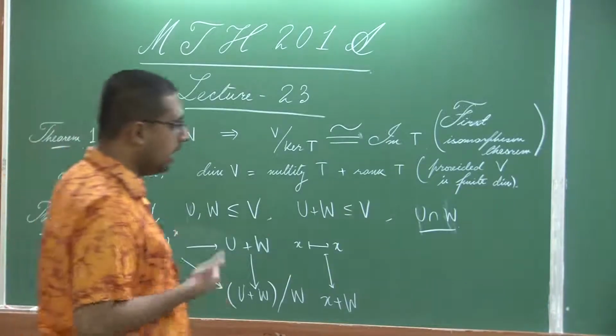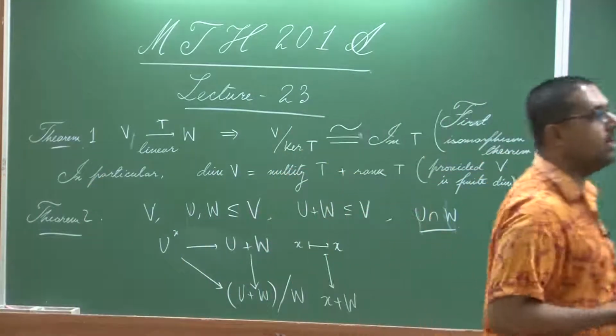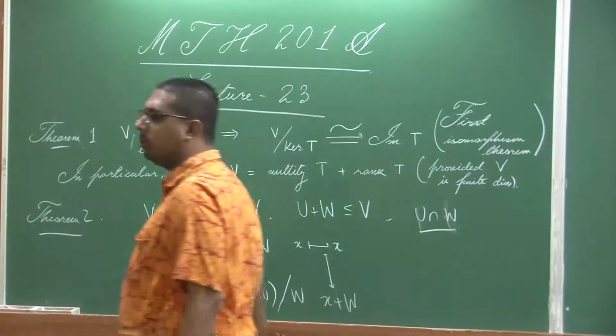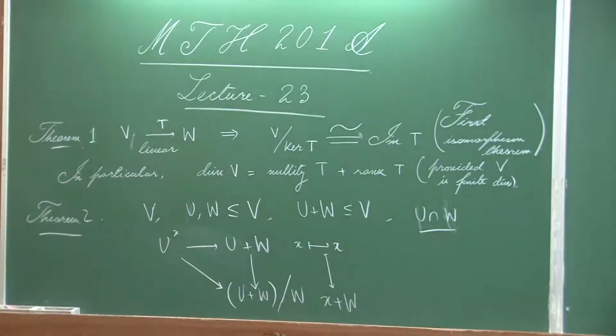So, the first feeling that we develop is that only the vectors which are in U may survive, since the vectors coming from W are just being modded out to 0.